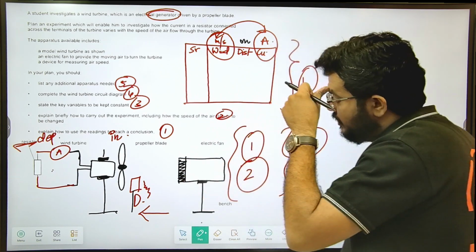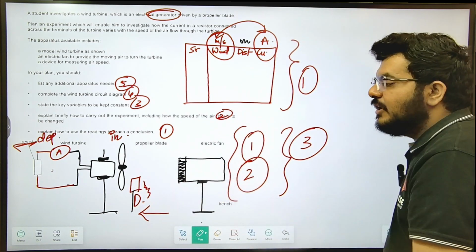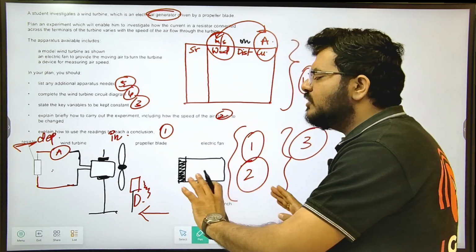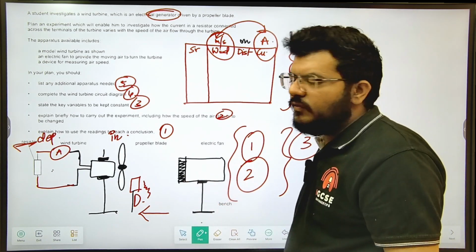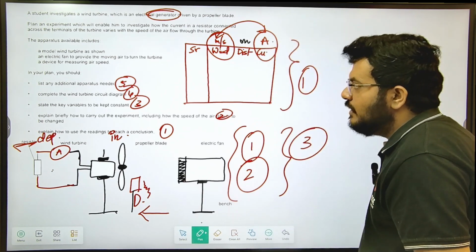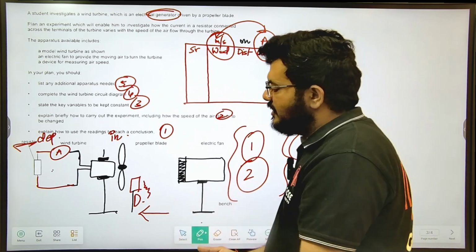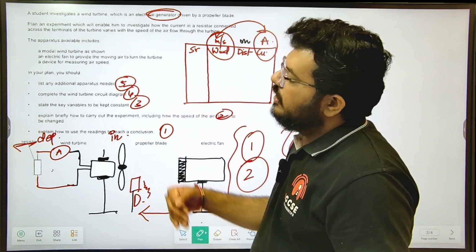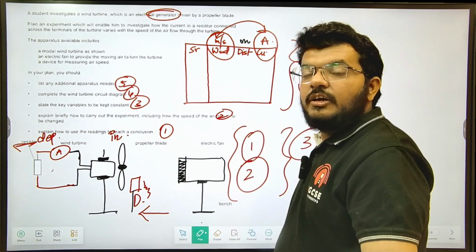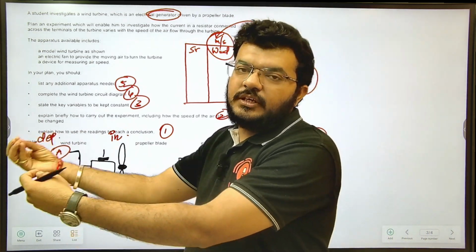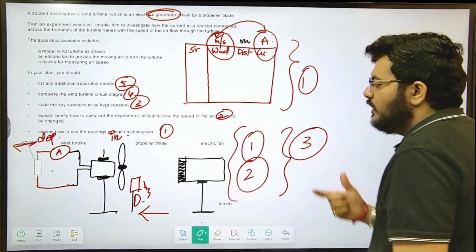But what might happen here, see, if I take it too far away, maybe the propeller blade will not rotate. So don't keep your distance too much, right, in these type of questions. Then make a table of all of these things, and on the x-axis plot the wind speed, on the y-axis plot the current, draw a line graph and conclude from the shape of the line, right?